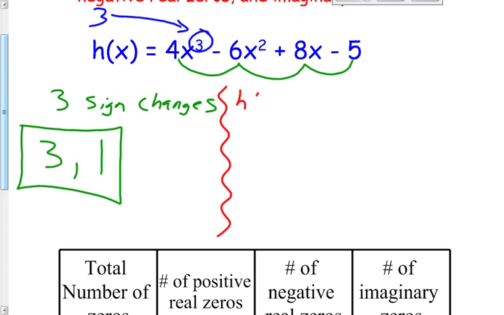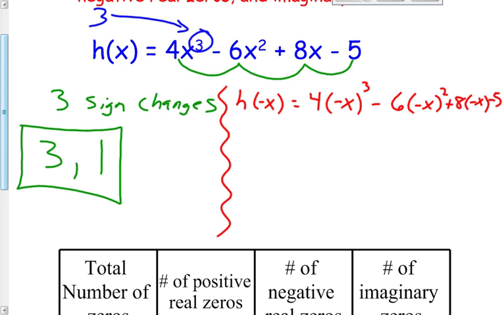So h of negative x is equal to 4 times a negative x cubed minus 6 times a negative x squared plus 8 times a negative x, and then subtract 5. Now class, like I said, whenever you have an odd exponent, the sign is going to change.